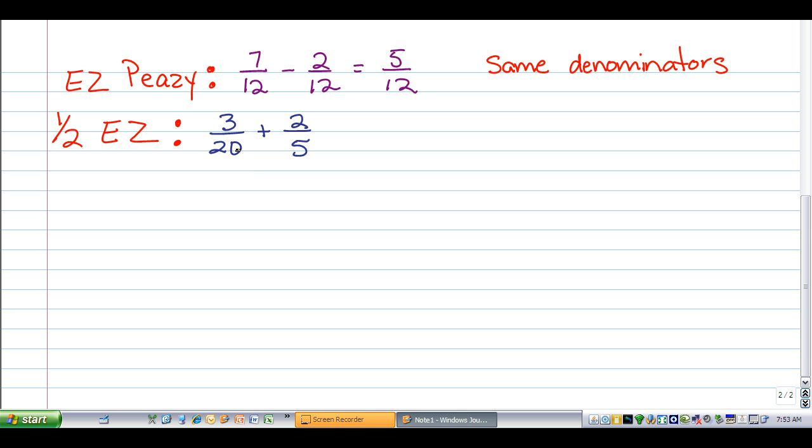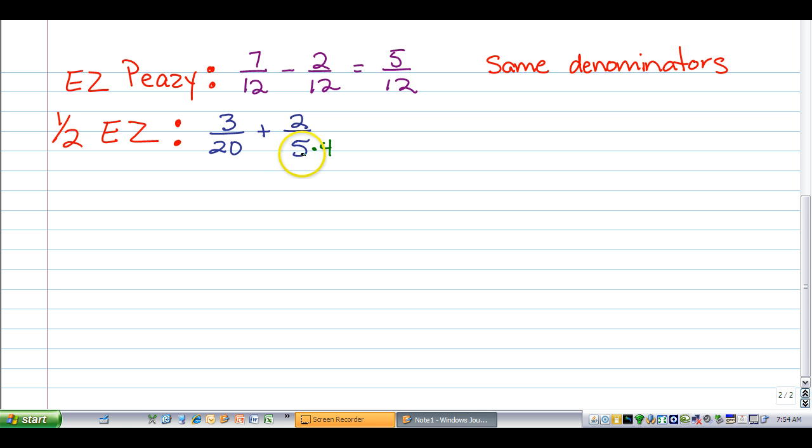So yeah, I can. Which means that I don't have to do anything to this fraction. All I have to do is change this one. But really, I'm just going to find an equivalent fraction because I need to have the denominators the same. So I will multiply this by 4 because 5 times 4 is going to give me 20.